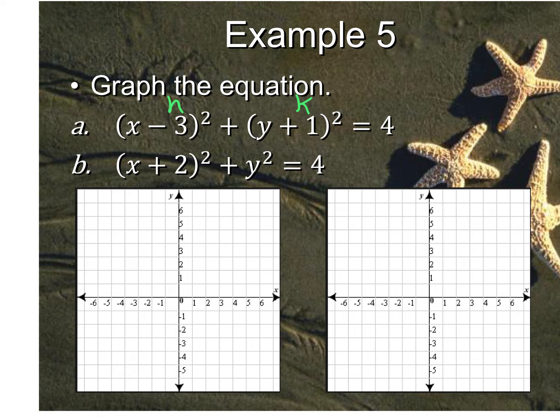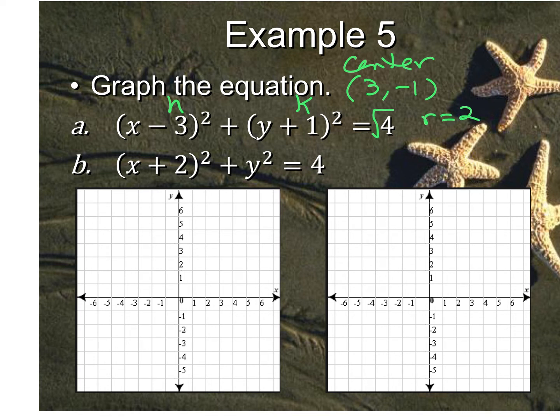But remember, that subtraction sign is part of the formula. So what's coming out here for your center is going to be +3 and -1. Remember, to get the radius, we need to square root this because this is r squared. So my radius is 2.